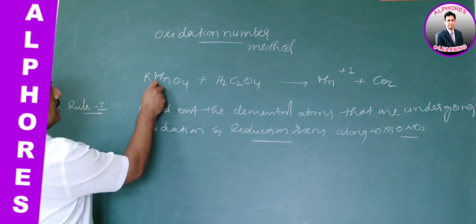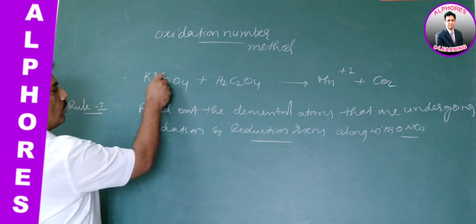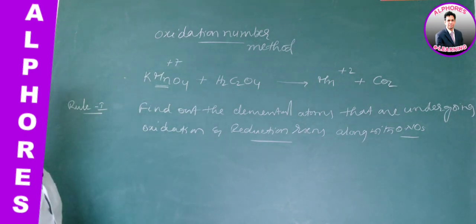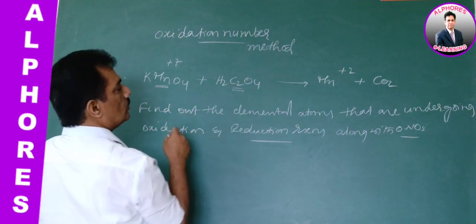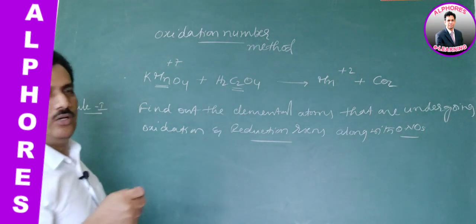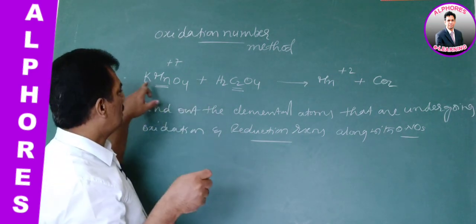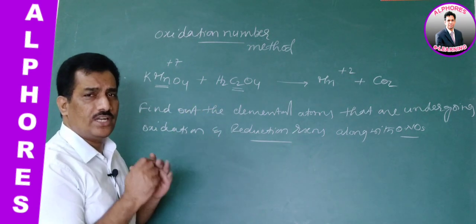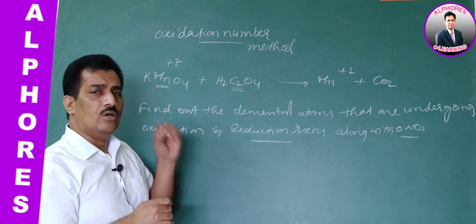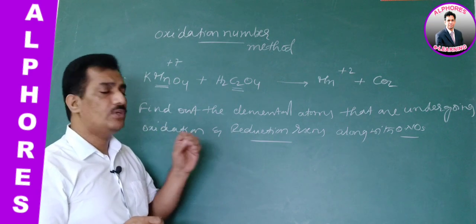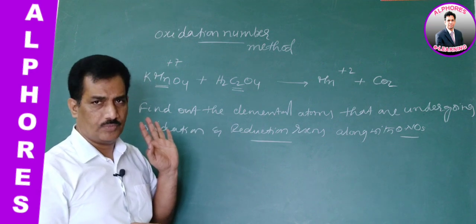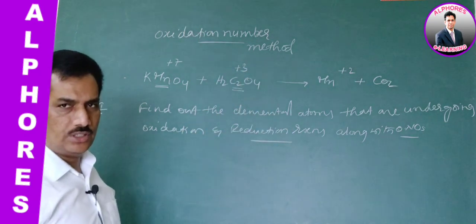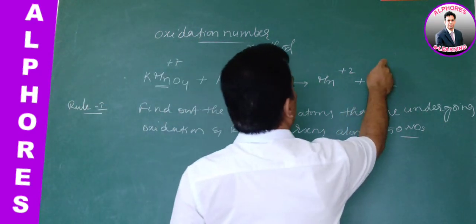Now let us consider here in KMnO4, Mn, when we find the oxidation state, it is observed to be +7, and here in H2C2O4, just recollect, in the ion electron method the potassium and these hydrogens are removed first, but here we are not touching all such atoms; we are concentrating only on the elemental atoms involved in oxidation and reduction reactions. Now here carbon is with +3 oxidation state, and this side it is +4.